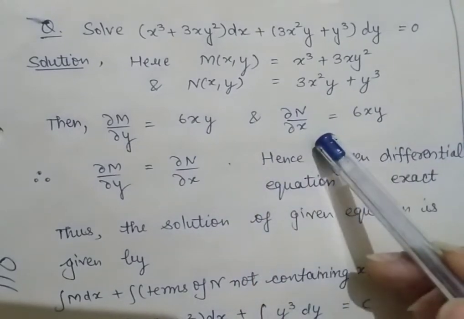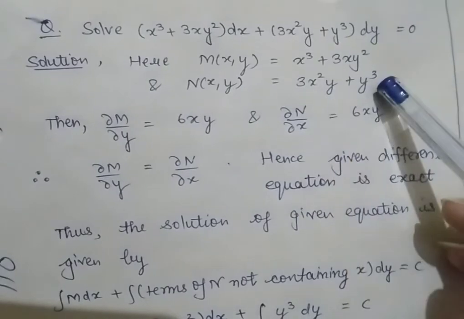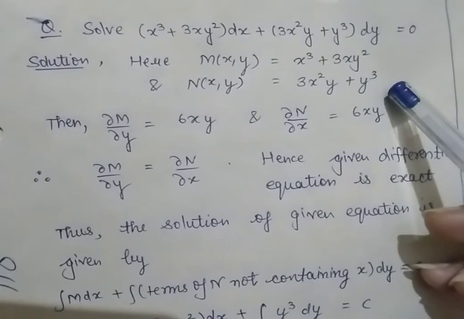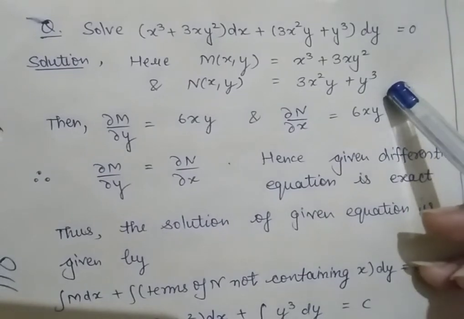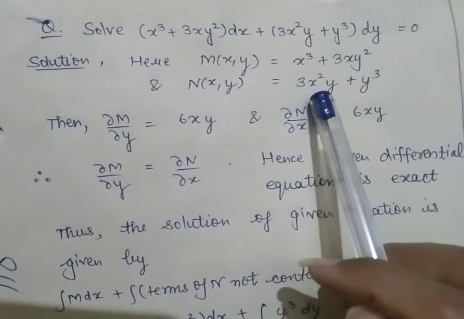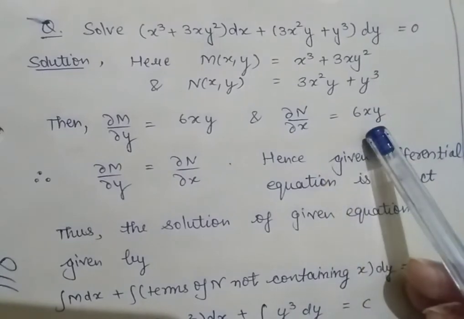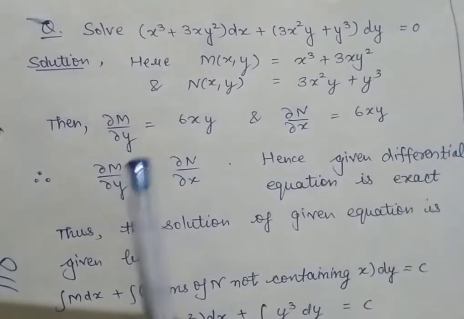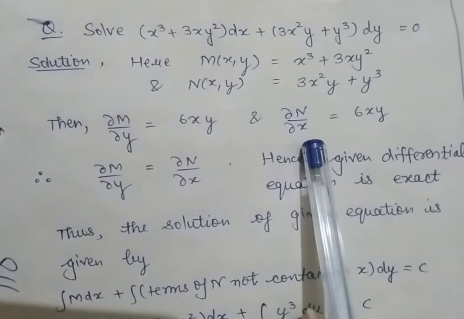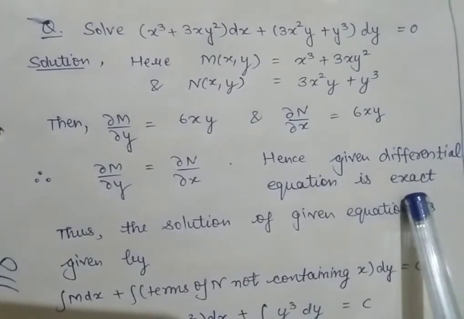And del N upon del x, we differentiate N with respect to x. If I differentiate y cube with respect to x, then that is 0 because we are keeping y as constant. And if we differentiate 3x square y with respect to x, then this is 6xy. So we see that del M upon del y equal to del N upon del x. Hence the given differential equation is exact.